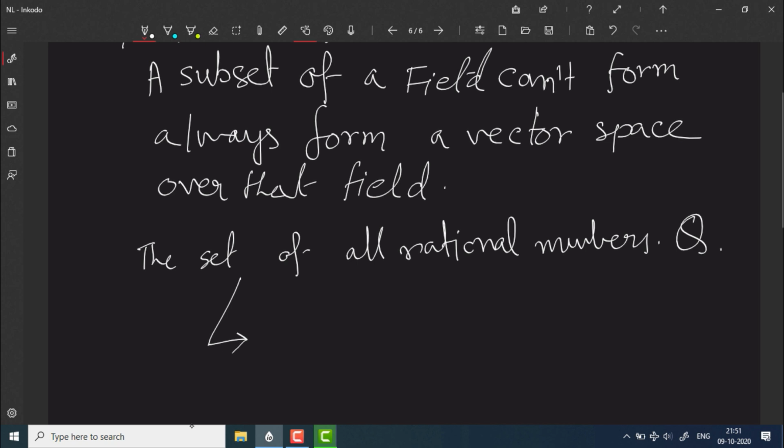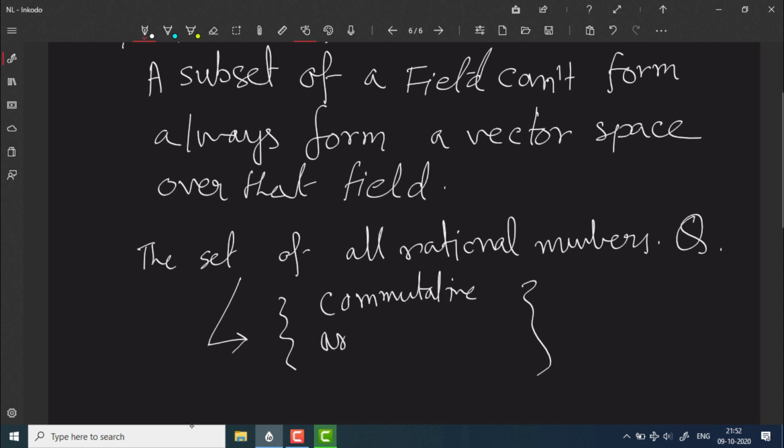We know that in order to become a vector space with respect to addition, the addition must be commutative, which means the abelian property. Abelian means the tendency of an abelian group to have a commutative binary operation. The addition should be commutative.